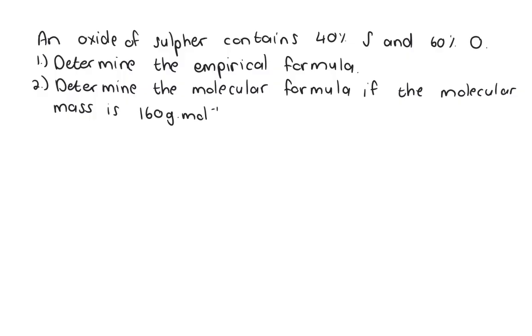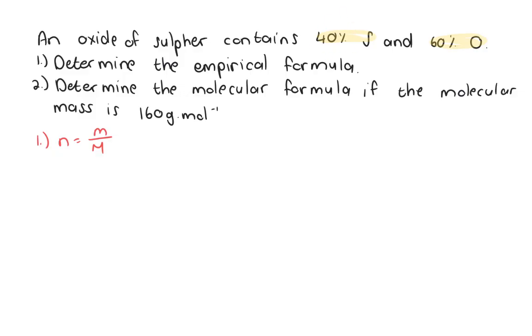So let's look at this example. It says an oxide of sulfur contains 40% of sulfur and 60% of oxygen. Determine the empirical formula. If they would have given you mass, it would have been easy because I could have just used this formula, with the mass of my element over the molar mass of that element. But now I don't have mass, I have the percentage composition.